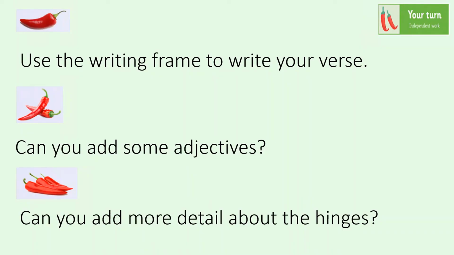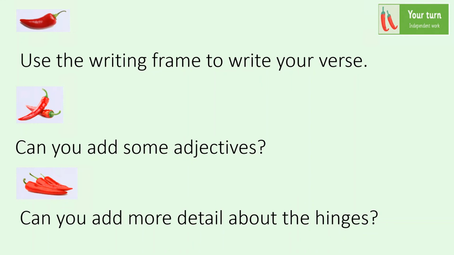Here are your Chilli challenges for writing the next verse. I will put the structure that I used up after this slide, so you can pause the video then. If you're doing Chilli 1, I'd just like you to use the writing frame and your picture to write your verse. If you're choosing Chilli 2 today, can you add some adjectives? Think of those nouns, the things that your box is made from, and add some adjectives to describe them.